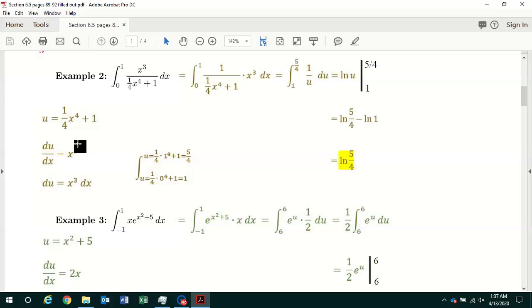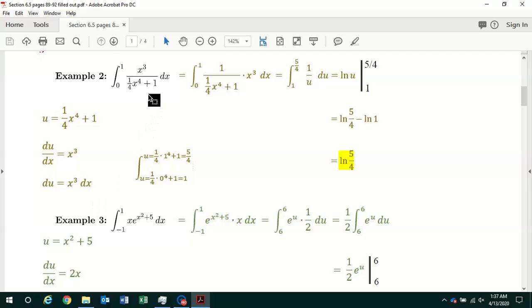So we set U equal to the denominator, 1/4 times x to the 4th plus 1. The derivative of U with respect to x is equal to x cubed. And then we multiply both sides of that equality by dx. The dx is canceled on the left, and we have du is equal to x cubed dx.